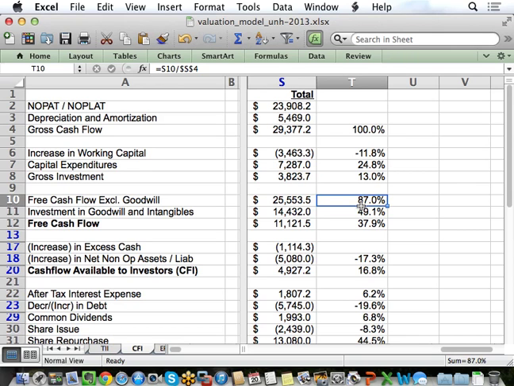So over the last 5 years, they've spent $14.4 billion buying other companies in terms of purchase premiums, right? So that means their real free cash flow after goodwill is $11.1 billion, which means what's their real reinvestment rate when you throw acquisitions in there? It's 62% because they got 38 cents left.